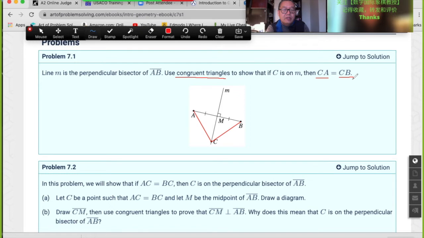Okay, then ACM and MCV are. Right. These two triangles, you try to prove they are congruent, right? Then how can you prove these two triangles are congruent? Which theorem can you use to prove these two triangles are congruent?